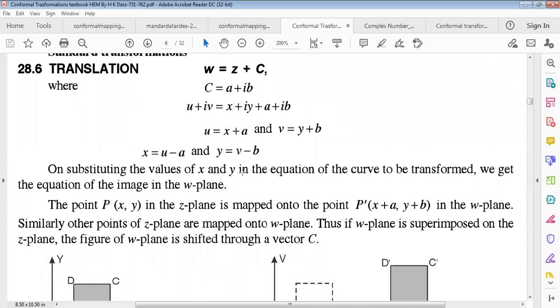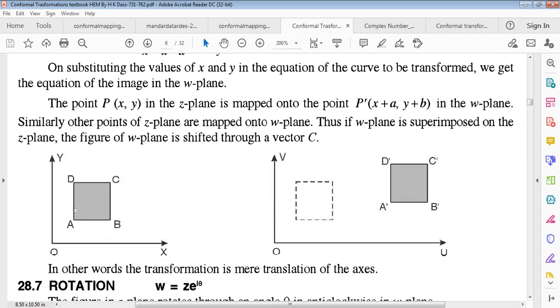If x equals u minus a and y equals v minus b, on substituting these values of x, y in the equation of the curve to be transformed, we get the equation of the image in the w plane. Let P be any point in the z plane.